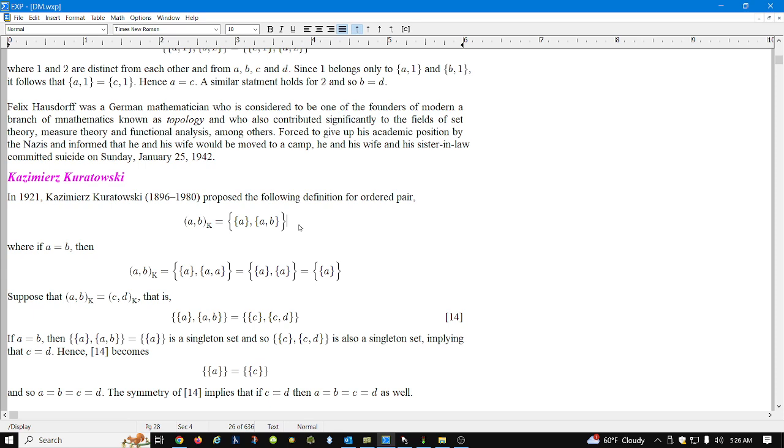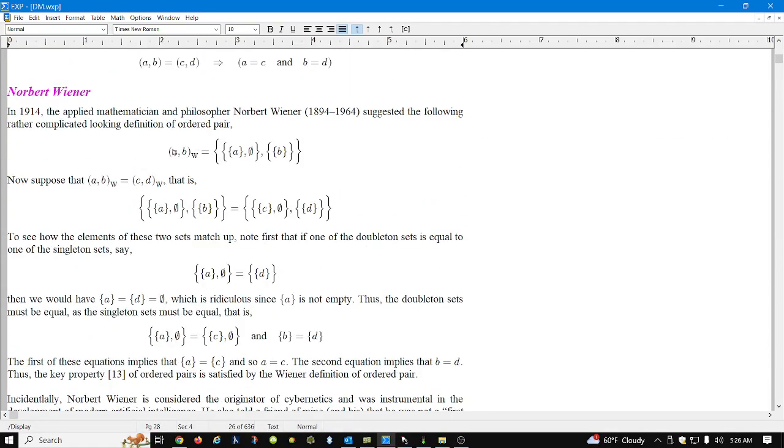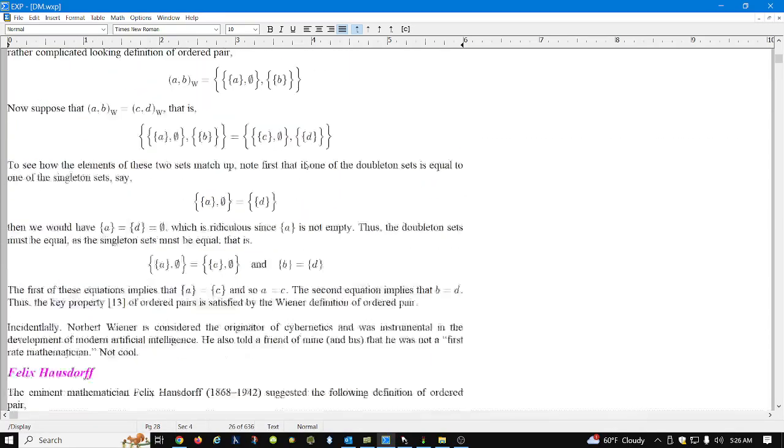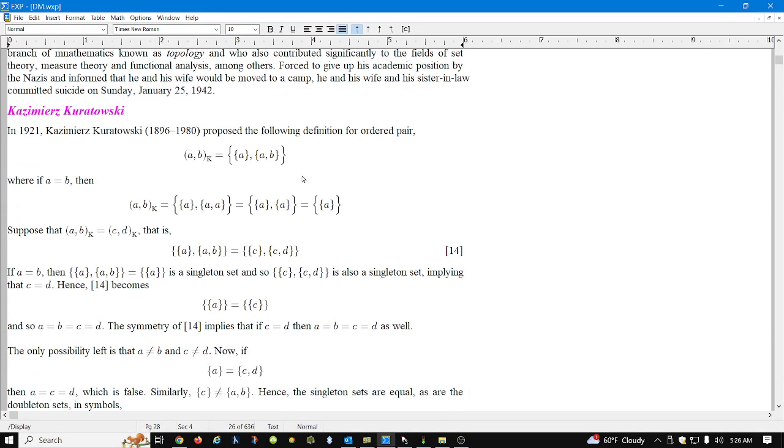Certainly a lot simpler than the previous proposals, especially Norbert Wiener's proposal. And it's also fairly straightforward to show that the key property of ordered pairs holds. And I'm going to leave that for you to think about. I'm not going to go over this. You have it here if you need to look at it, but give it a try yourself.